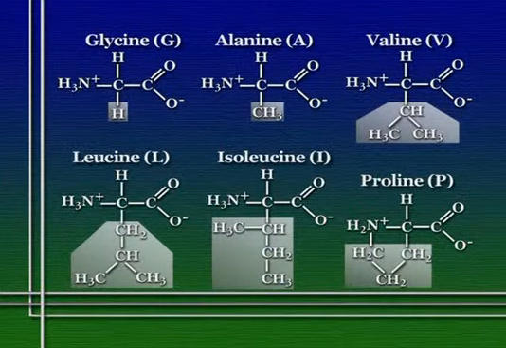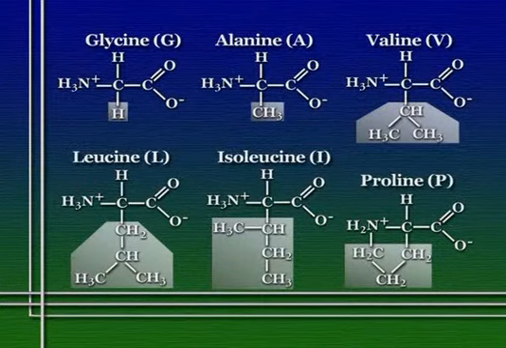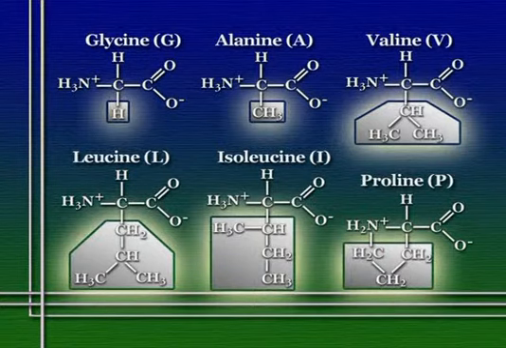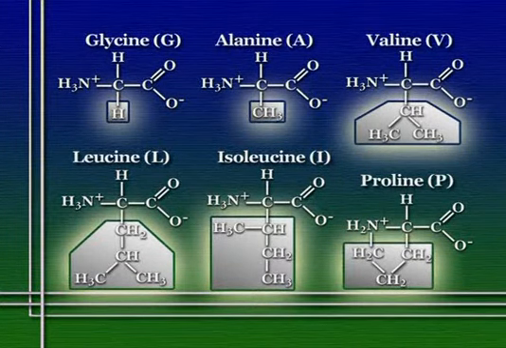The important point is this: the physical and chemical characteristics of the side chain of a particular amino acid determine that amino acid's particular chemical characteristics. And this fact is going to become important later on because those chemical properties of an amino acid side chain contribute to the way that that amino acid in turn helps determine the protein's structure.